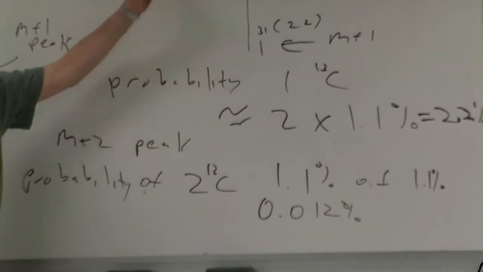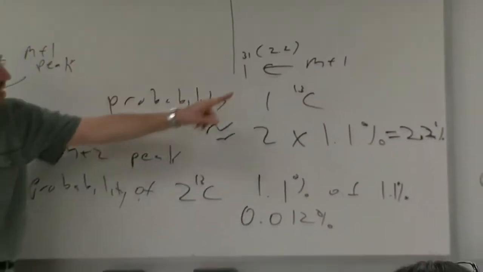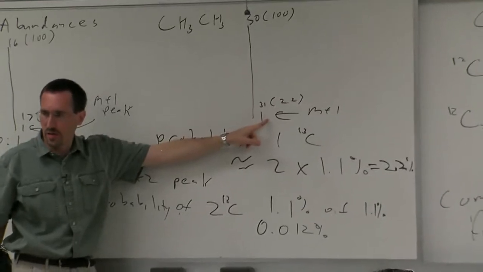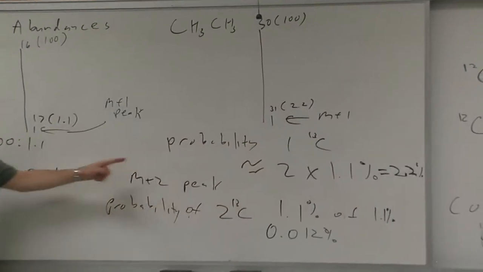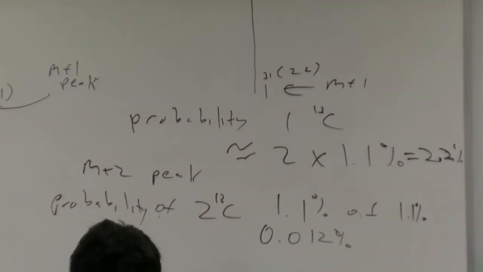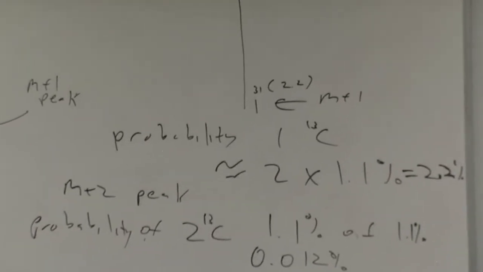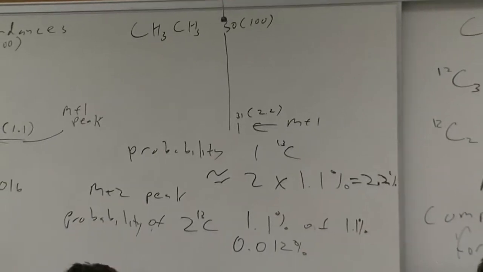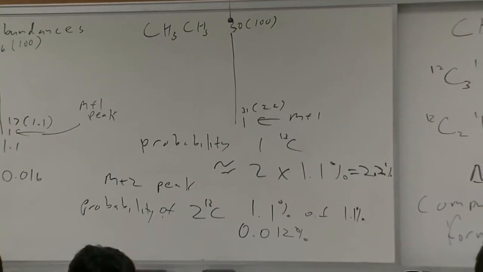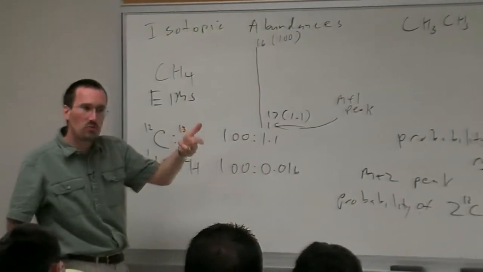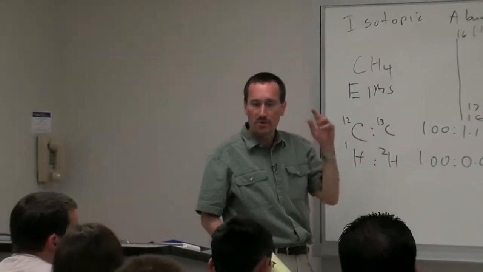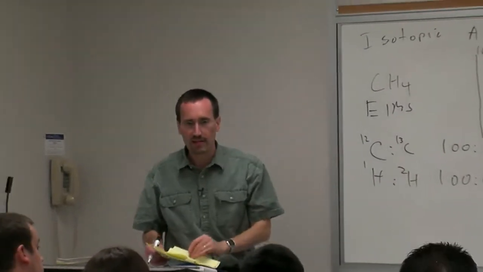So in other words, for a 2-carbon molecule, you're not going to see an M plus 2 peak. If you went to a 100-carbon molecule, you'd have a significant probability of having 2 C13s. In other words, some molecules would have no C13s, some would have 1, some would have 2, some would even have 3, and you'd get an isotope pattern reflecting that.